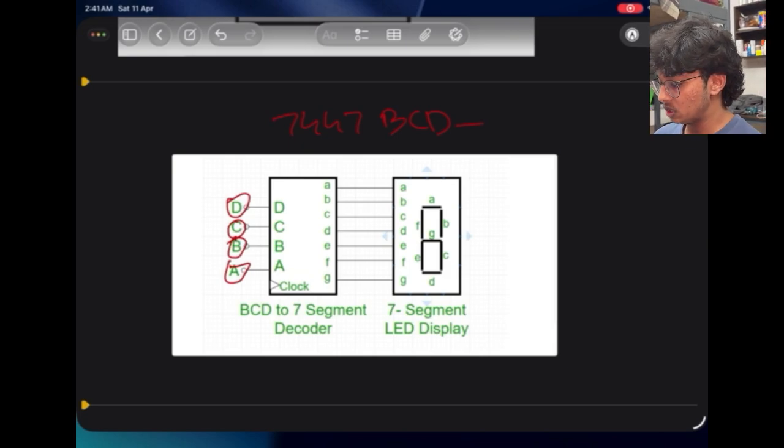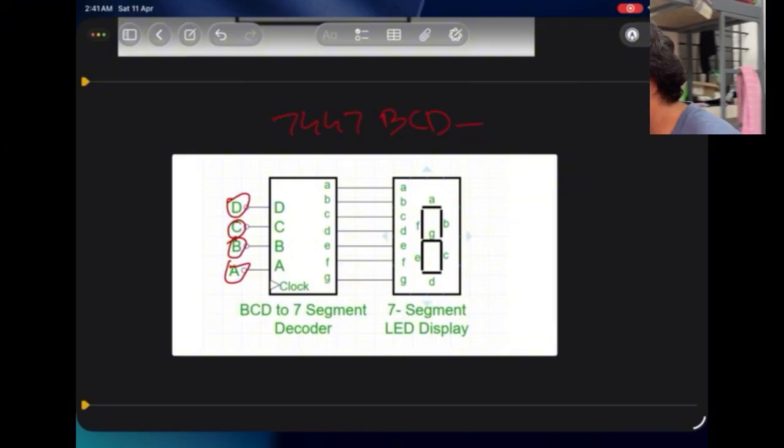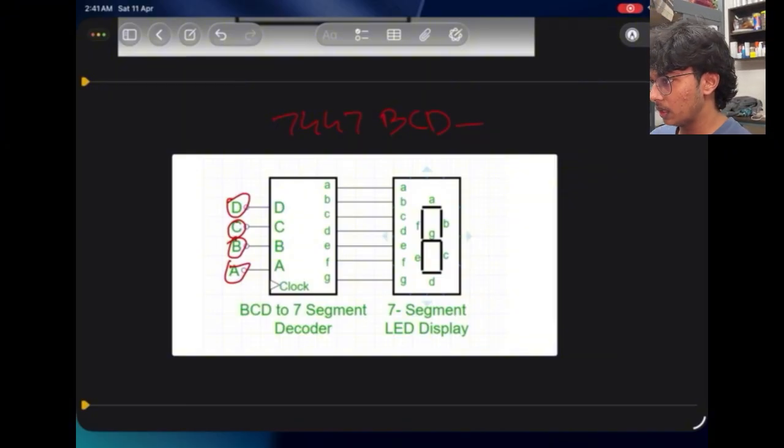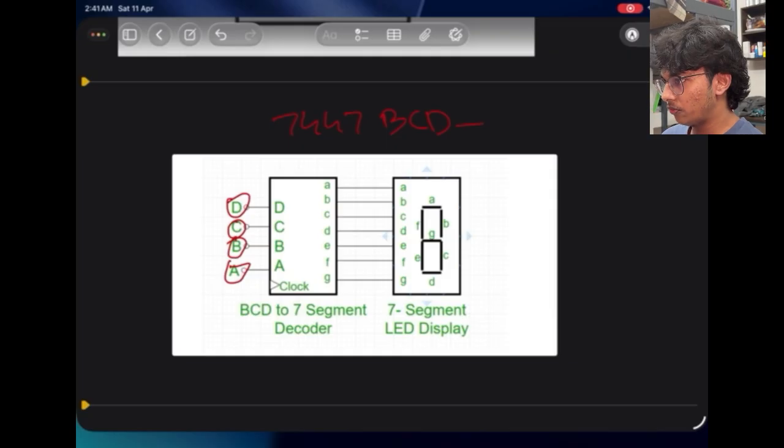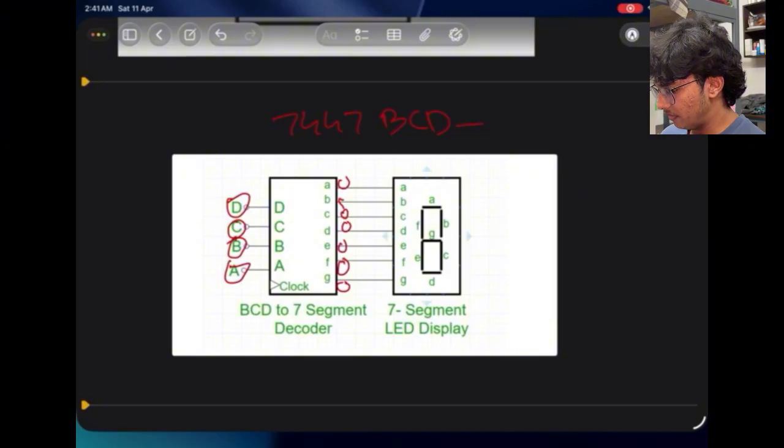For the number 6 to be displayed on the 7-segment display, the inputs need to be 0, 1, 0, 0, 0, 0, 0. That means the display will light the A part, F, G, E, D, C and B. This displays the number 6 on the 7-segment display.